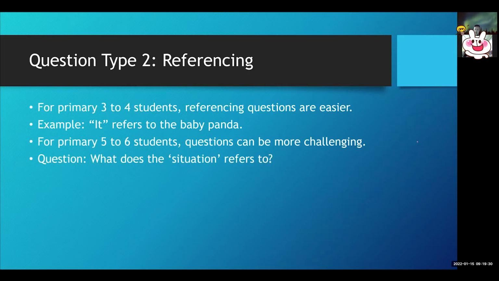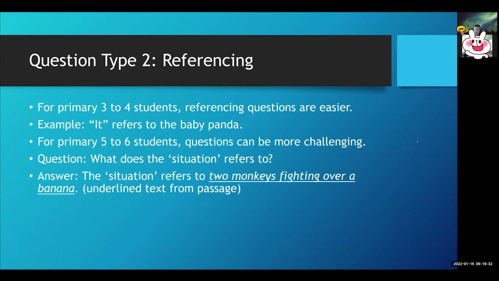So going back to our example, what does the situation refer to? Okay, sample answer: the situation refers to two monkeys fighting over a banana. So it's the entire situation. If you stop at "the situation refers to two monkeys," full stop, it's wrong.